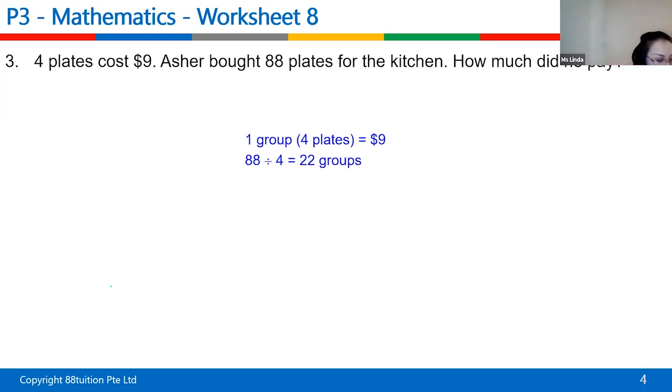What's next? I can't find a dividing sign. How much did he pay? So 22. Now that's 22 groups. 22 times 9. Yeah, what's your answer? Let me write it down.